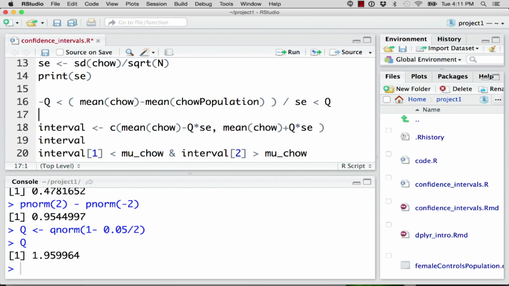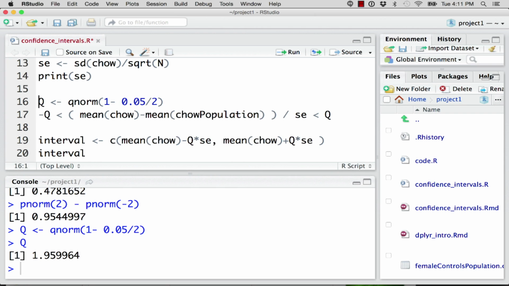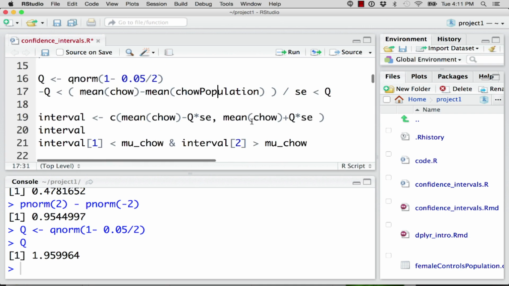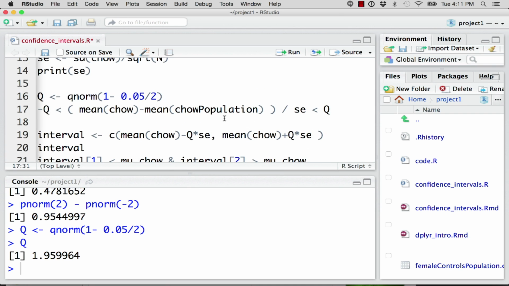Let's put the q on top. So we know that this random variable here is between minus q and q 95% of the time. So if we clear out this equation so that the truth is in the middle, we get this equation.